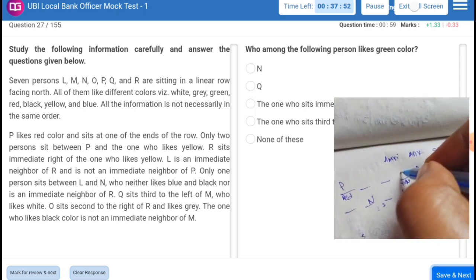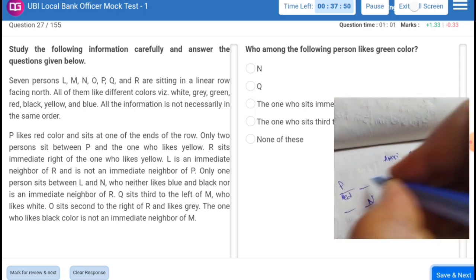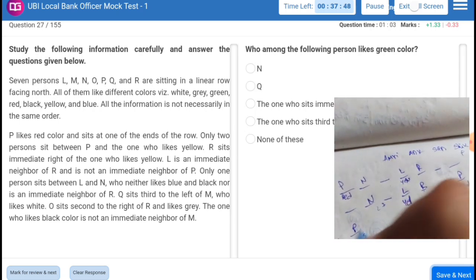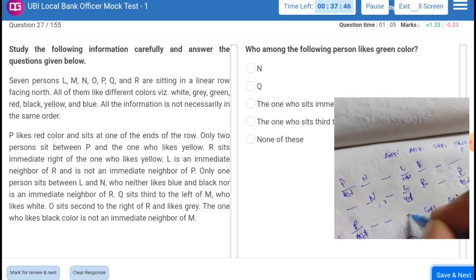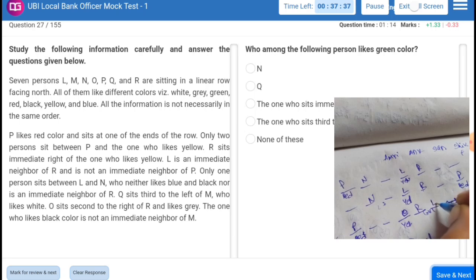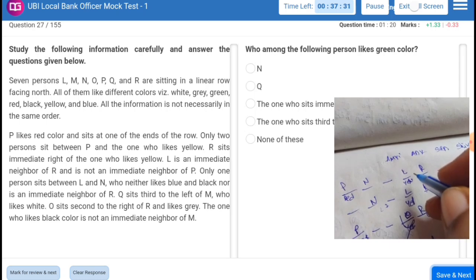So L, N. And next possibility, that is B, right? So this is also not true. And so N, who is neither blue nor black.